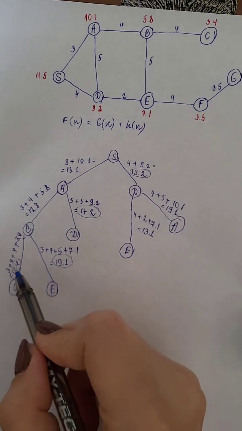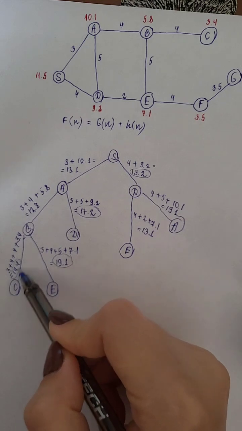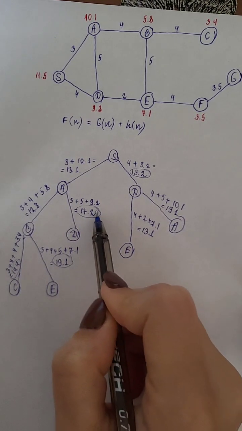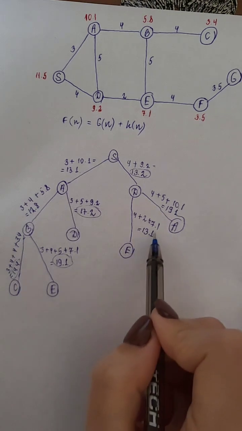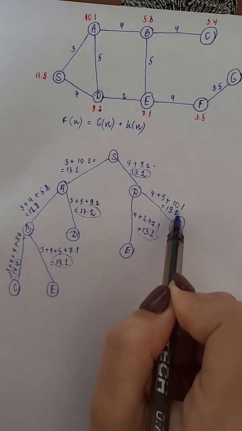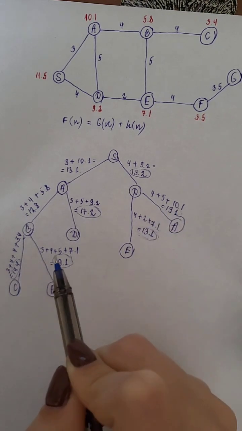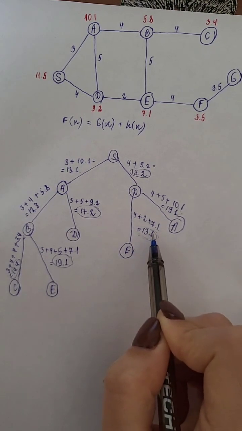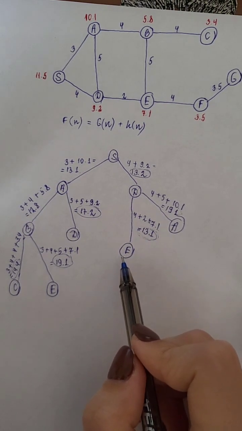And so we have 14.4, 19.1, 17.2, 13.1, and again 19.1. Which one is the minimum? Of course, 13.1, yes? So we will continue with E.